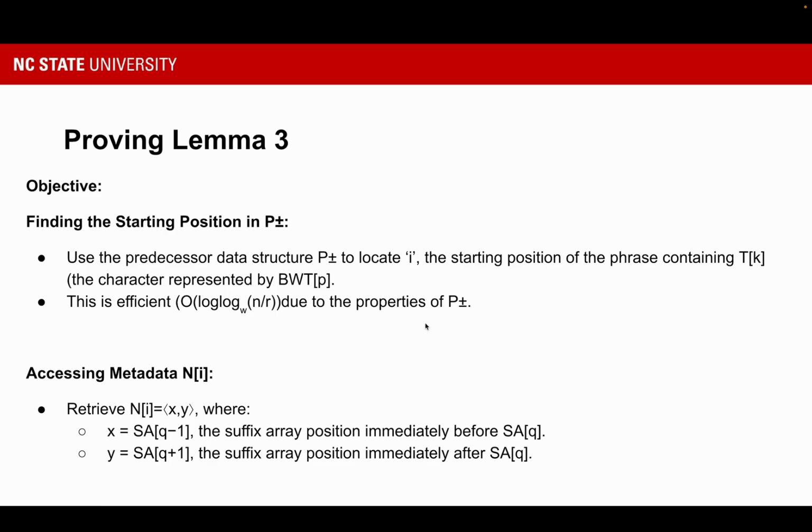Additionally, there's one more data structure, which is the metadata of n of i. It stores x and y, where x is SA of q minus 1. So it stores the preceding position of q in the suffix array and the succeeding position of q in the same suffix array.